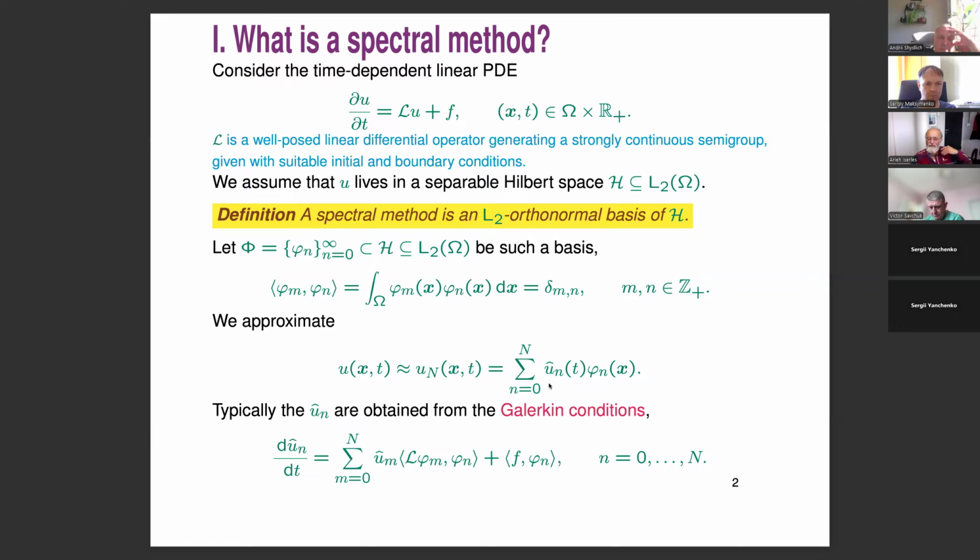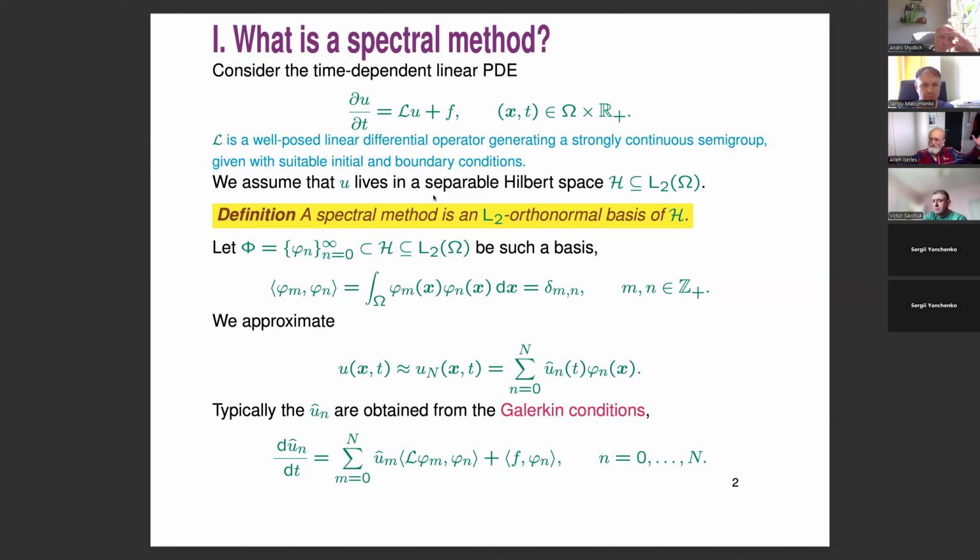And then we evolve the unknown u hat n of t by imposing Galerkin conditions. We substitute this truncated expansion into the differential equation, and we want the residual to be orthogonal to all the elements of our basis.